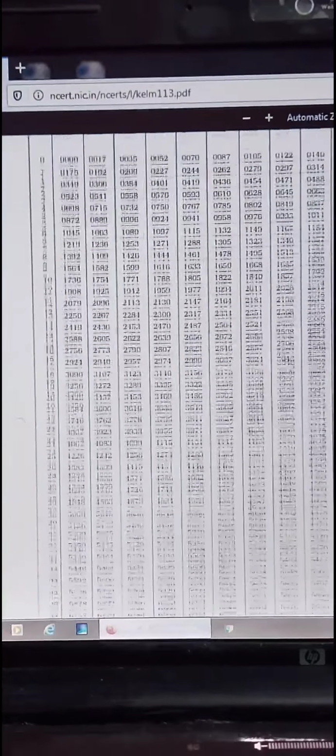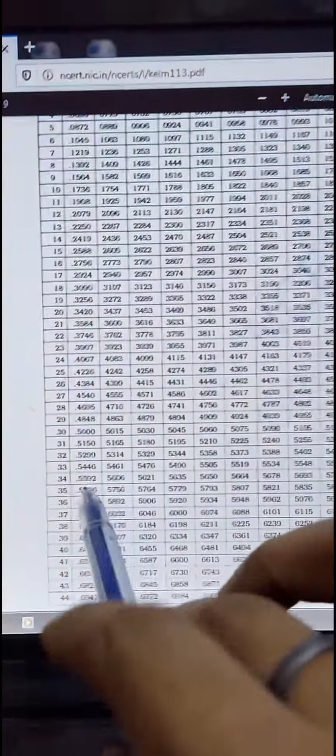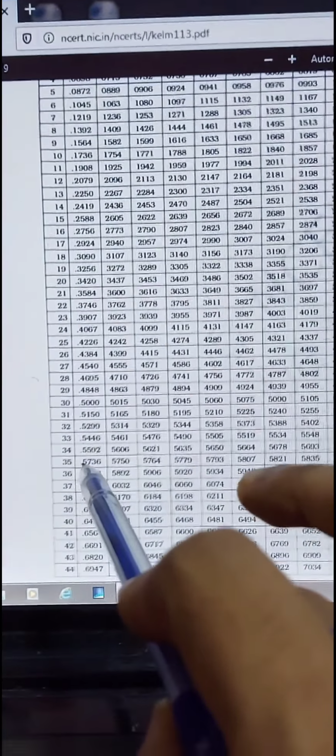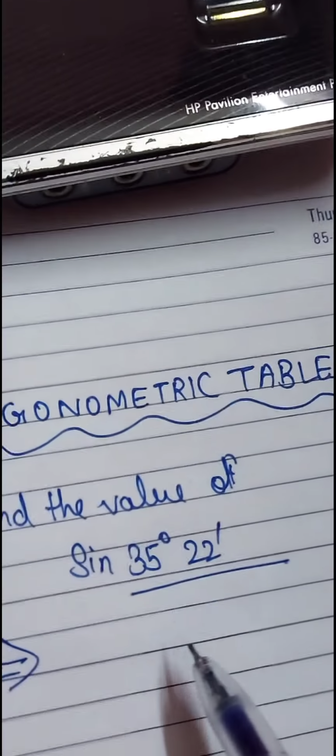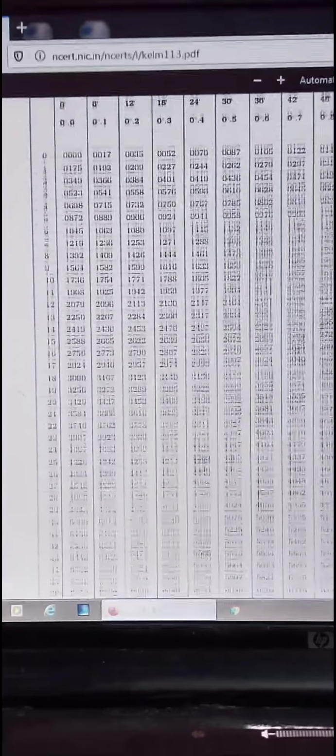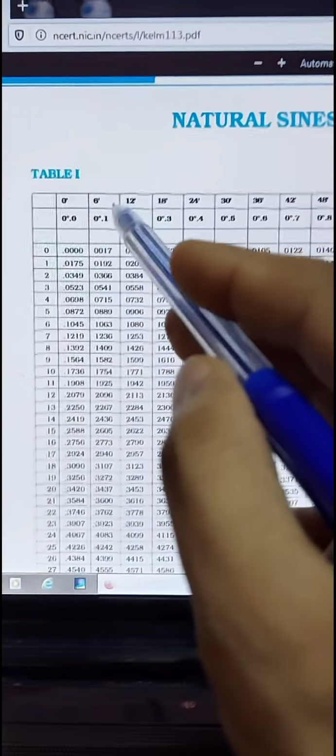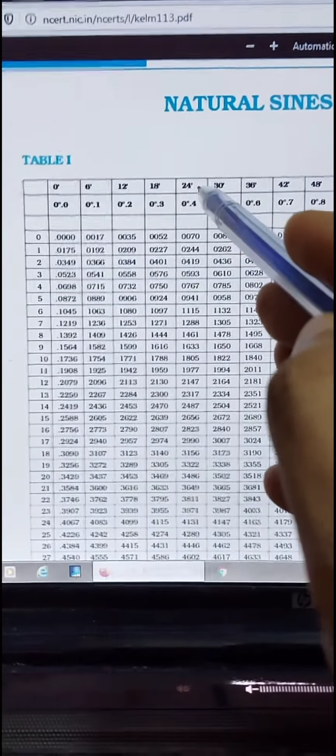We have to find 35 degree, so we will move along the horizontal line of 35 degree. Now here the minute is 22 minutes. Let's see what we have in the columns. We have 6, 12, 18, 24 minutes, not 22.